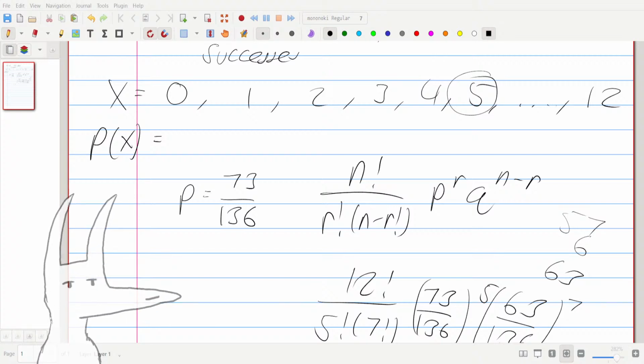I'm just plugging everything into a calculator now. And I get 8%.